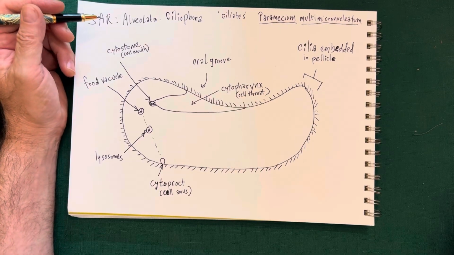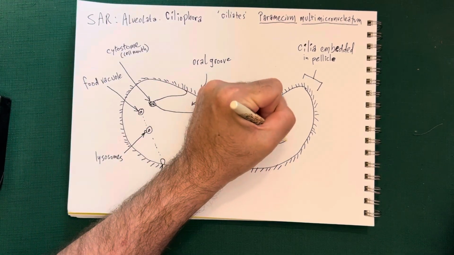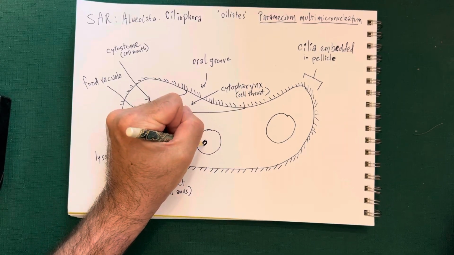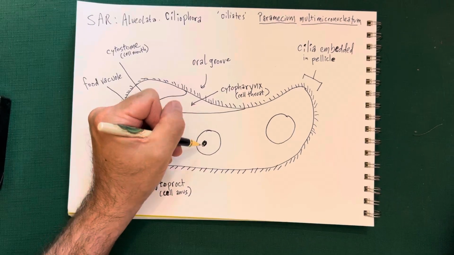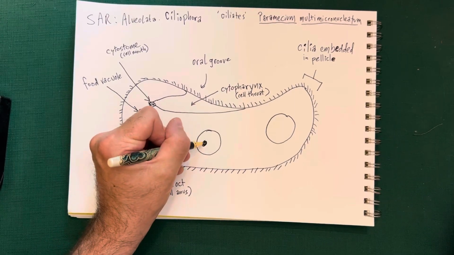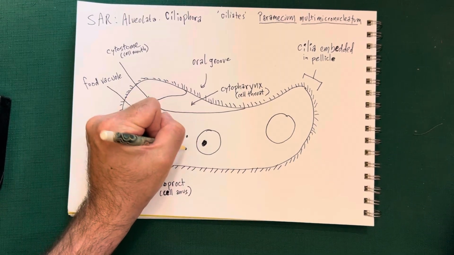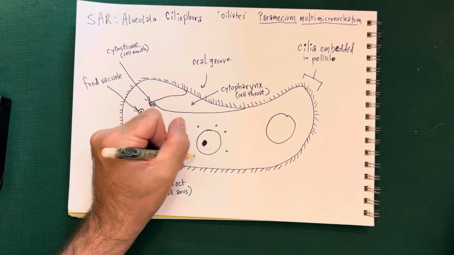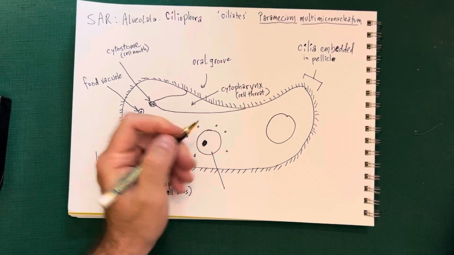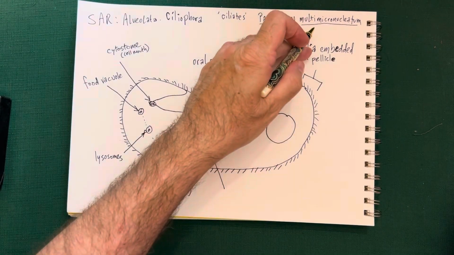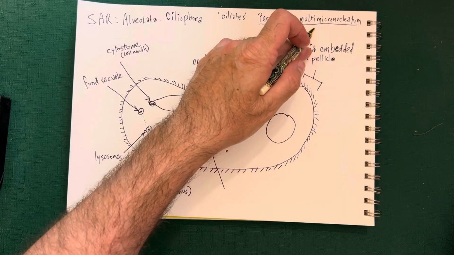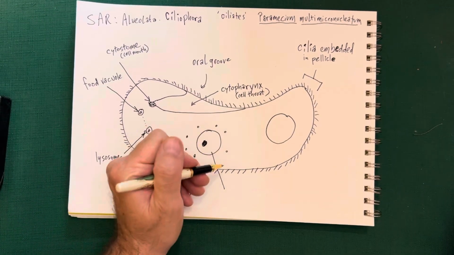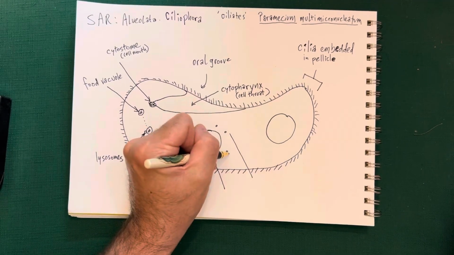So what else do we have? We also are going to have the usual organelles. So I'm going to draw two circles, but one of them is going to end up with a nucleolus in it, and the other I'll label in a second here. Now we've got a nucleus, but if you are good at decoding, multimicronucleatum means that we've got micronuclei, and several of them.